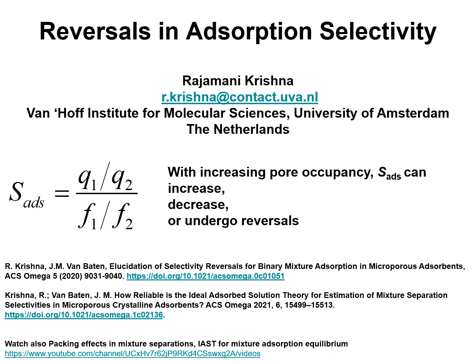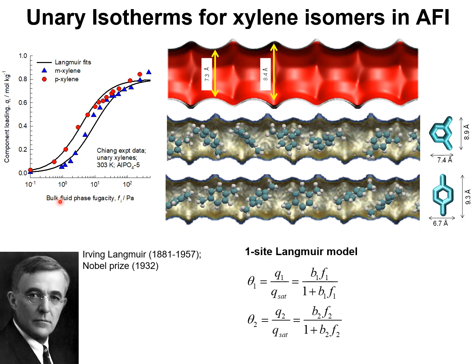channel. We start by examining the unary isotherms for metaxylene and paraxylene in AFI zeolite. AFI zeolite consists of one-dimensional channels that have a corrugated structure, and the dimensions are 7.3 angstrom at this point here, and in these grooves it is 8.4 angstrom.